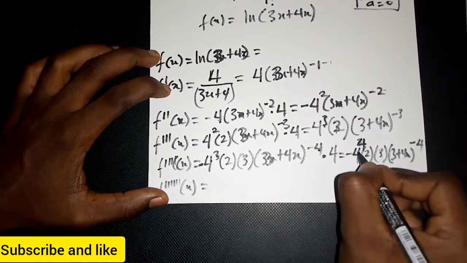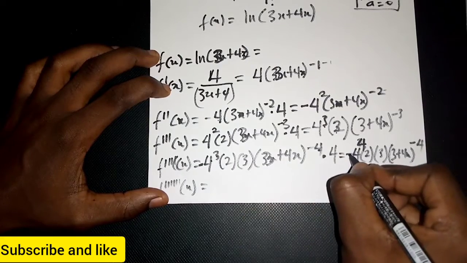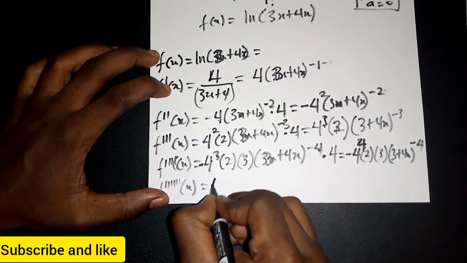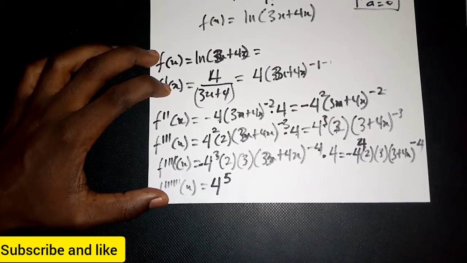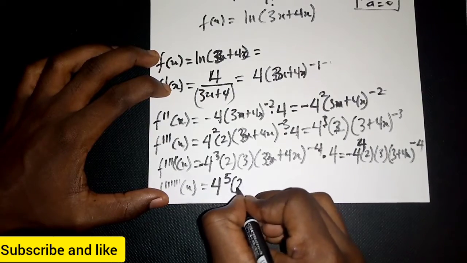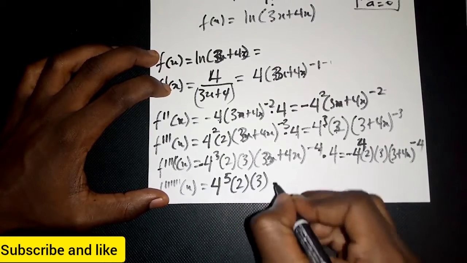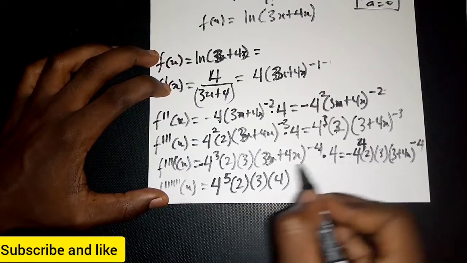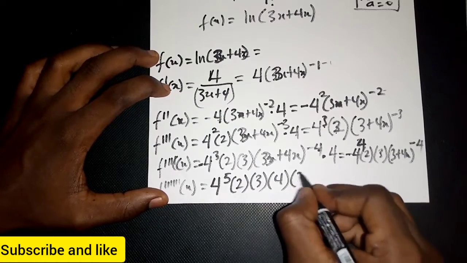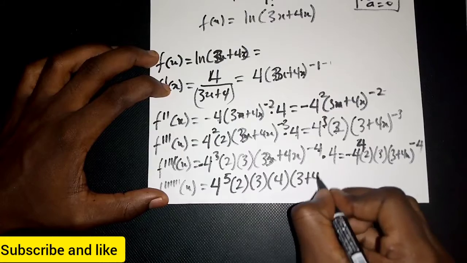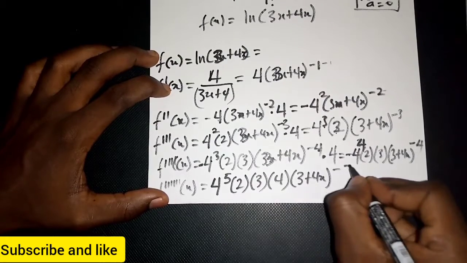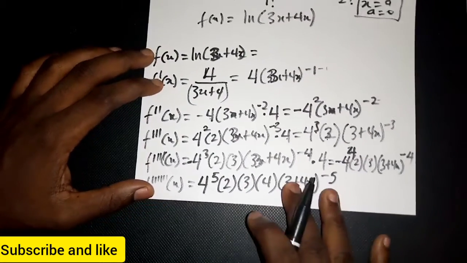So over here it will look like, negative 4 drops, then becomes positive to the power 5, then multiplied by 2, multiplied by 3, multiplied by 4. So then also we have 3 plus 4x, then to the power negative 5.